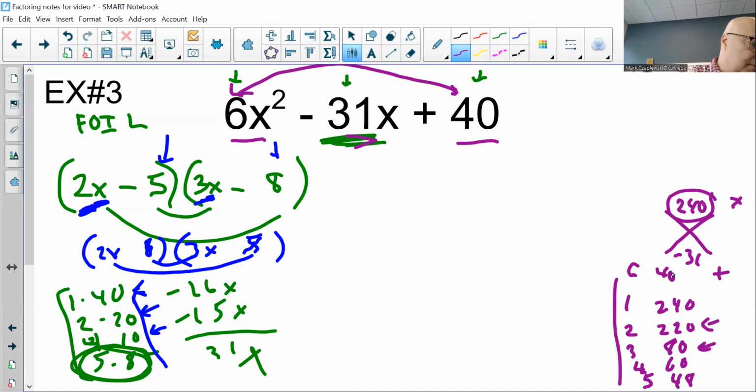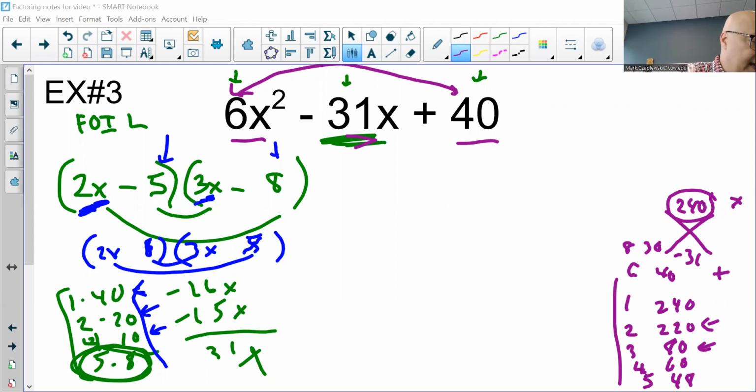7? No, how about 8? 8 and 30. So I still don't have it yet. So this is kind of frustrating, and this is why guess and check can be frustrating. So let's try 240 divided by 9.